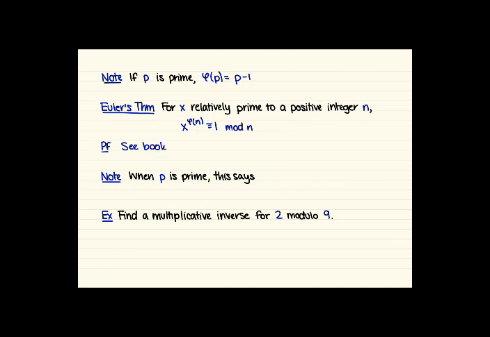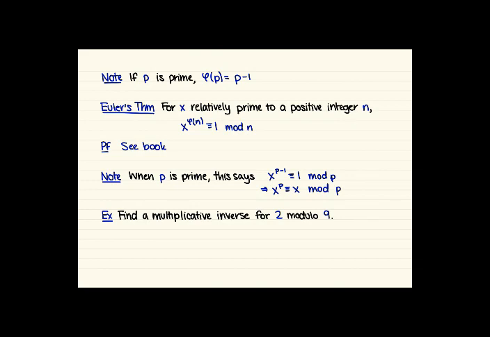And then for the specific case when p is prime, this says that x to the p minus 1 is congruent to 1 mod p. And then if we multiply both sides of that by x, we get back to our original statement for Fermat's little theorem: x to the p is congruent to x mod p.